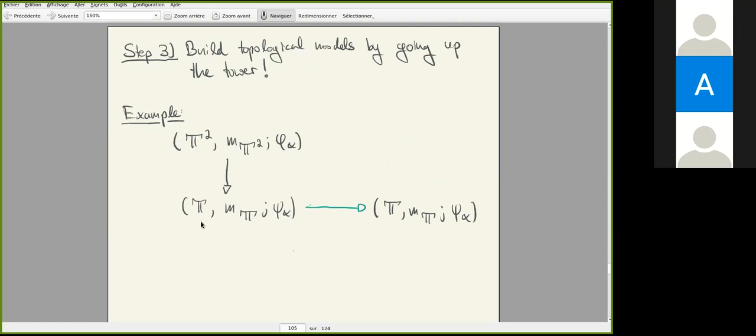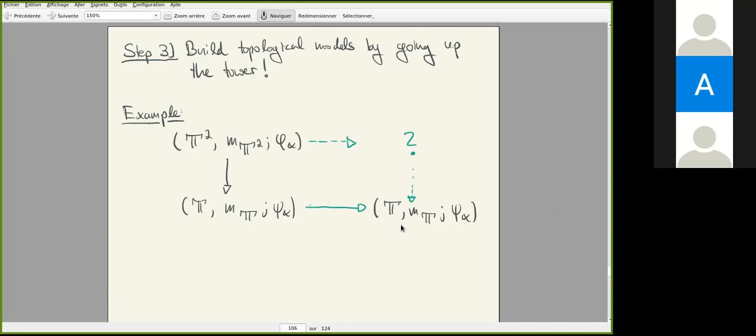And then we have this factor here with discrete spectrum. And then we can apply the machinery that we saw to construct a topological model for this system, ignoring that it is already a topological system. And then we get back the same system if we apply this topological model procedure.